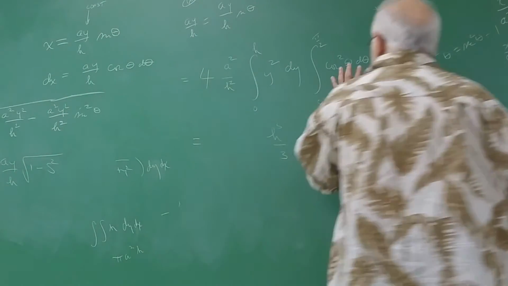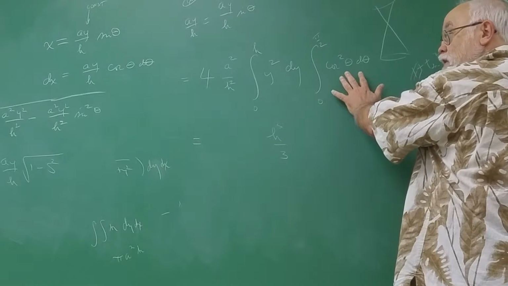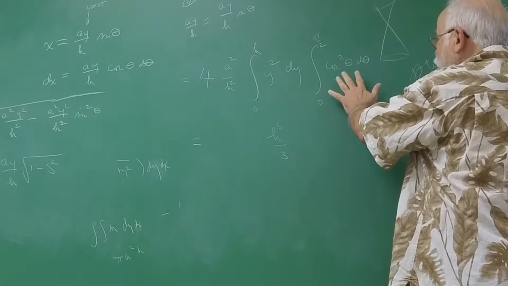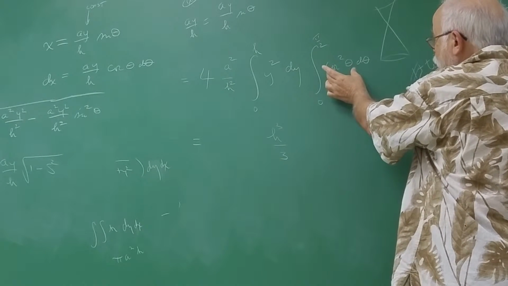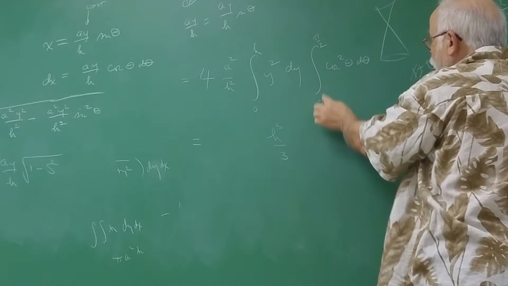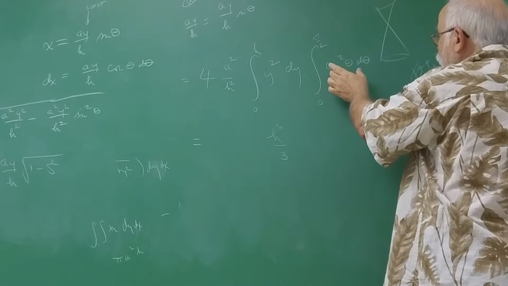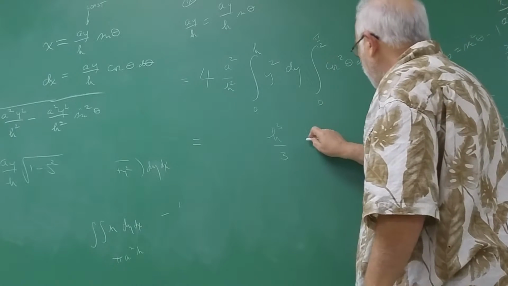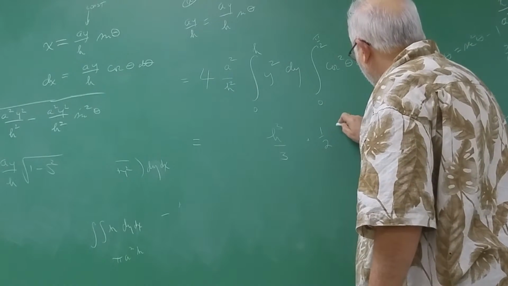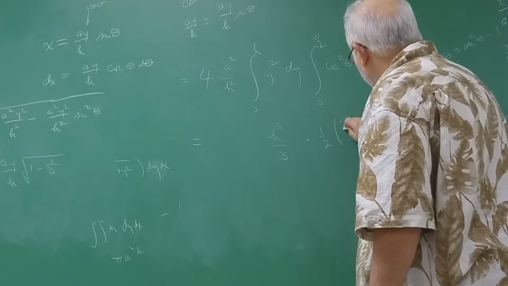And we've done this thing about half a dozen times now. When it's cosine squared or sine squared, and these are multiples of pi over 2, 0 times pi over 2, 1 times pi over 2, then you get half the difference of the endpoints. This is going to be 1/2 of pi over 2.